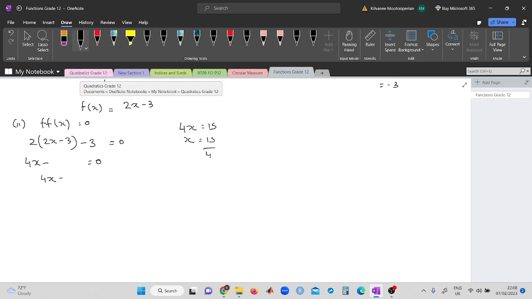It's minus 2 times minus 3, minus 6, minus 3, minus 9 equals to 0. So it's equal to 9. 4x equals to 9. Now x equals to 9 over 4. Okay, so this is my answer. You can take the screenshot and then on va faire another example.